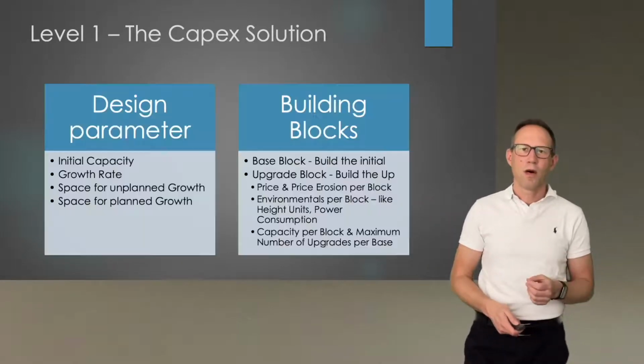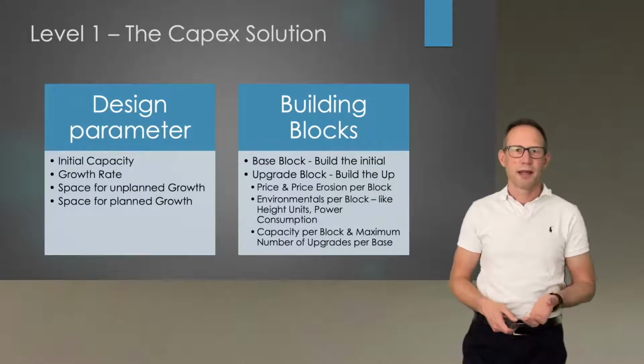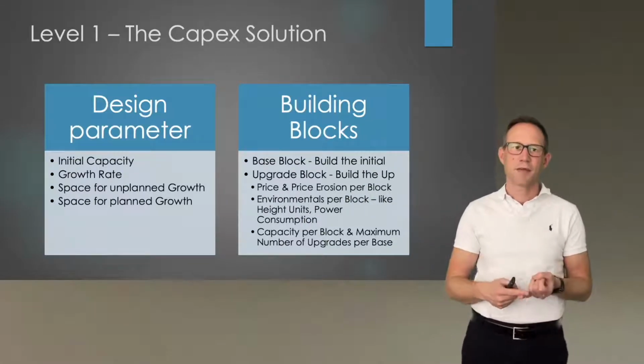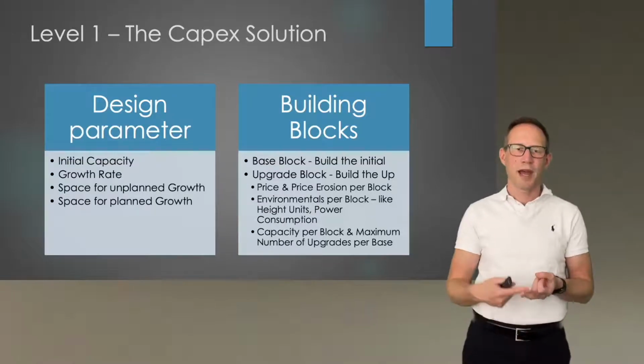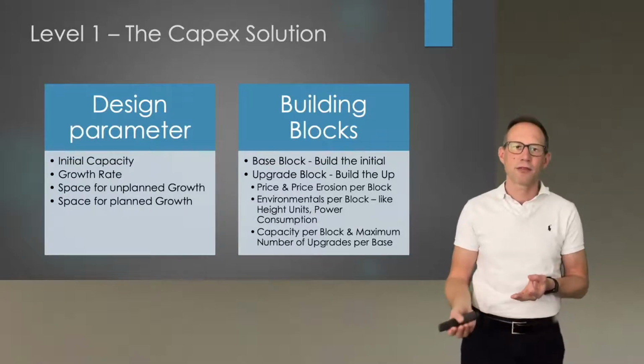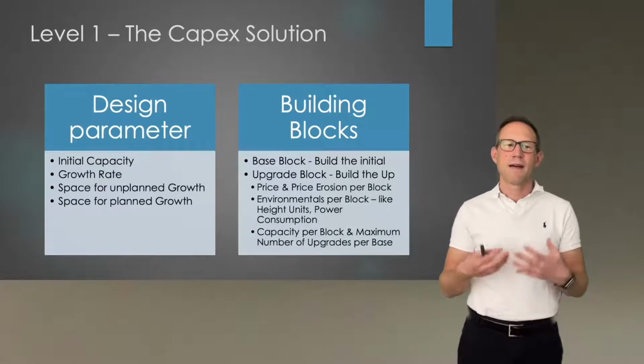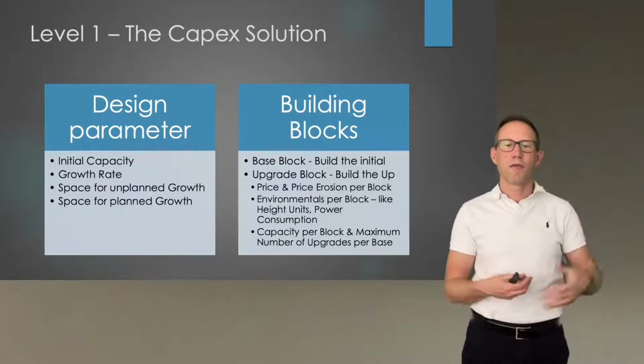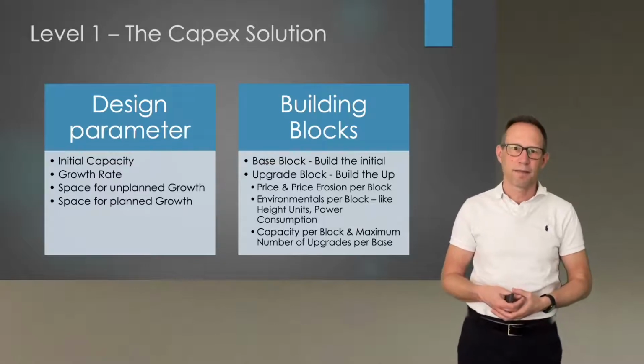To do so, we need some things. We need design parameters like the initial capacity of the customer, the growth rate, space for unplanned growth and for planned growth, which implies a higher number of units that we have to provide.